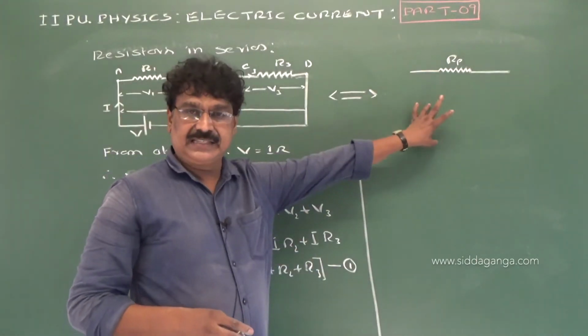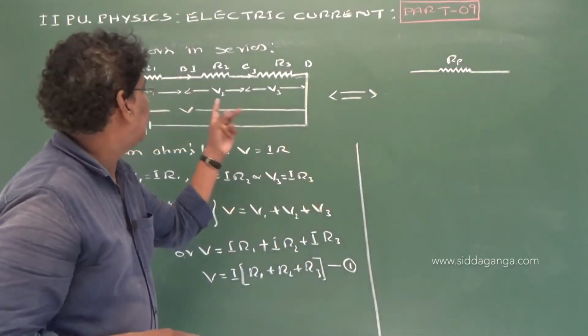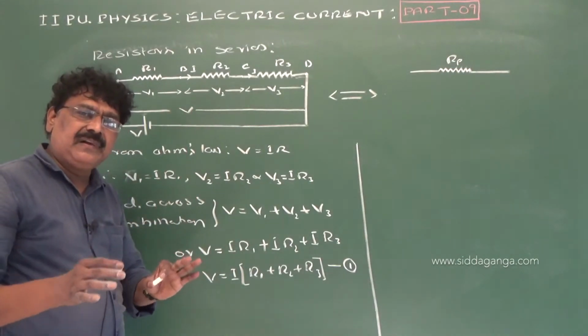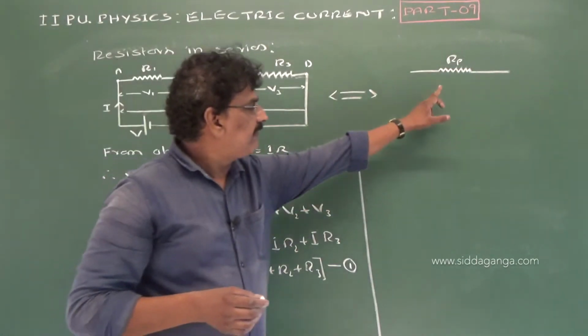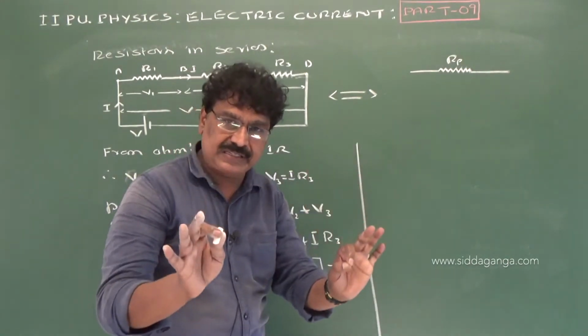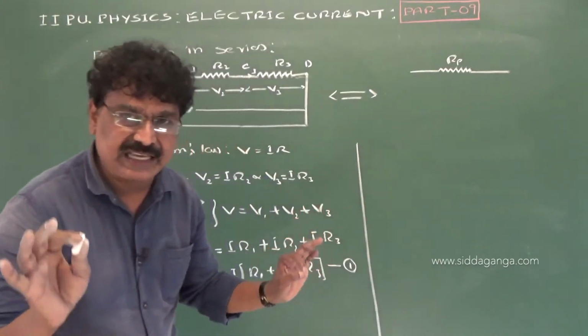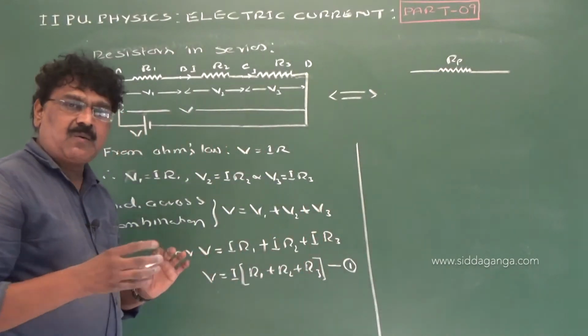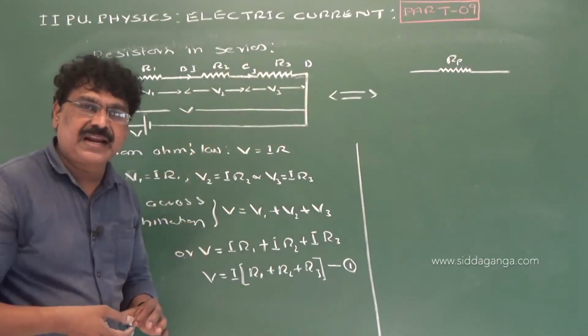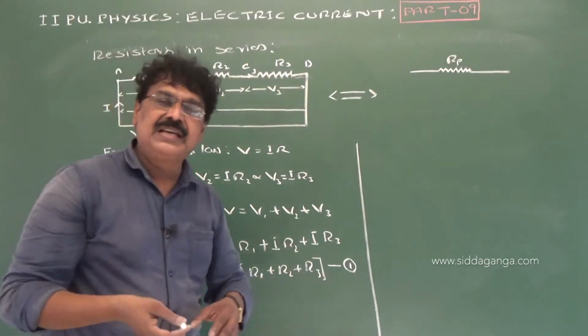Now, the combination is replaced by a single resistor. What is the condition? This equivalent single resistance produces the same effect as the combination. Now, what is the effect of this combination of resistors? Why are we using a resistor?